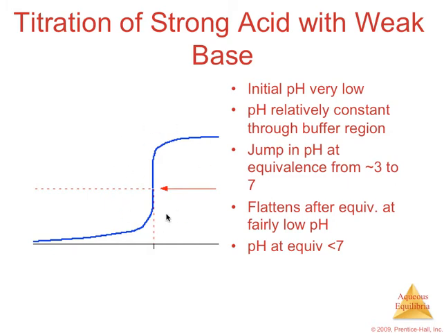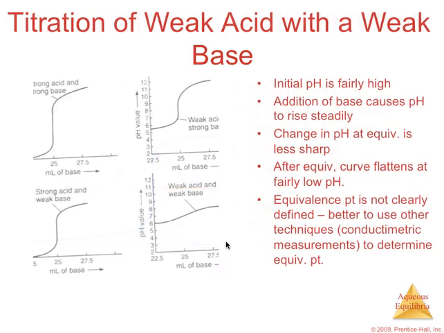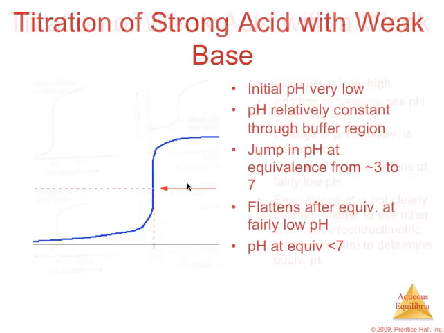I urge you to look in the book for a little bit better picture. The pH at the equivalence point is going to be less than 7, and that's because of the salt that's present. The salt is the cation of a weak base. That cation is going to attract the hydroxide of the water, freeing up the hydronium, which is going to drive the pH less than 7 at that equivalence point.